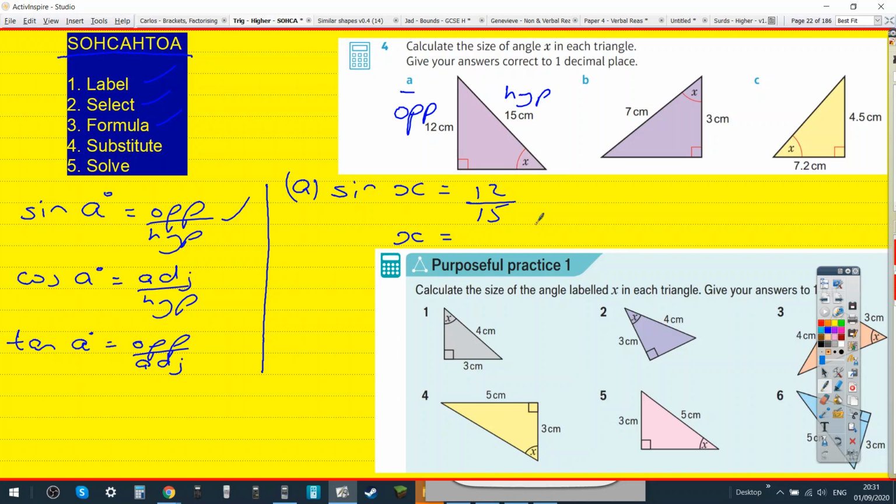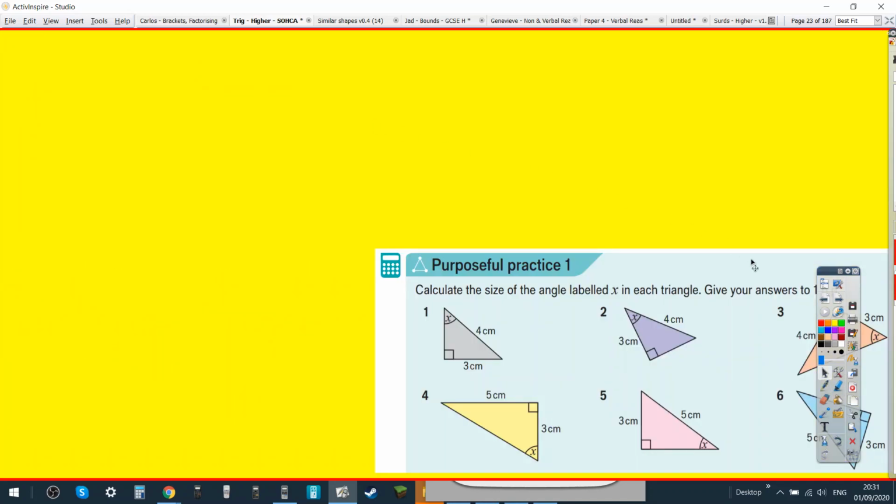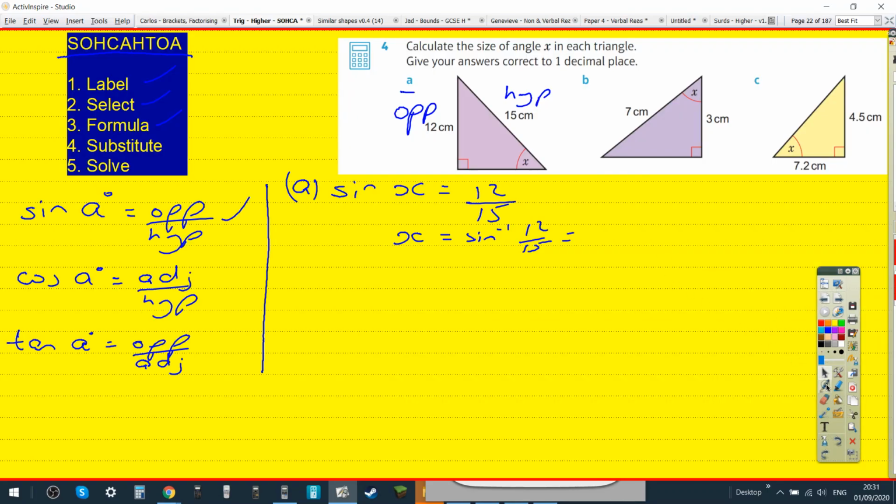You do arc sine. So it will be x equals arc sine 12 over 15. And that is 53.1 degrees. And so that angle is 53.1 degrees.